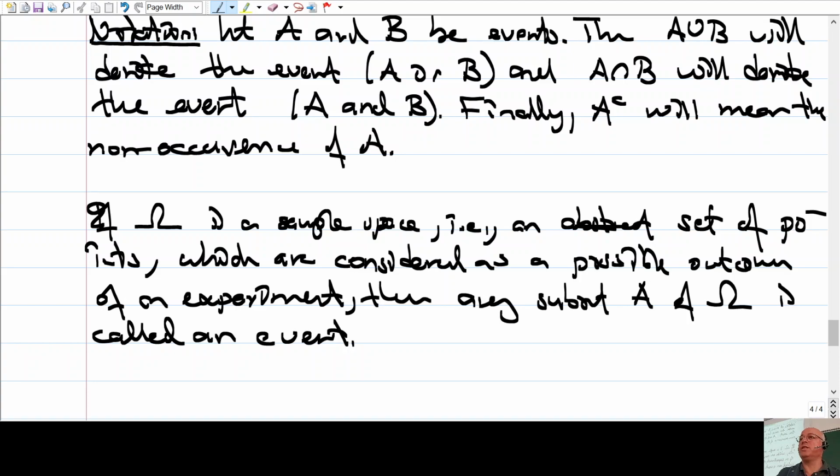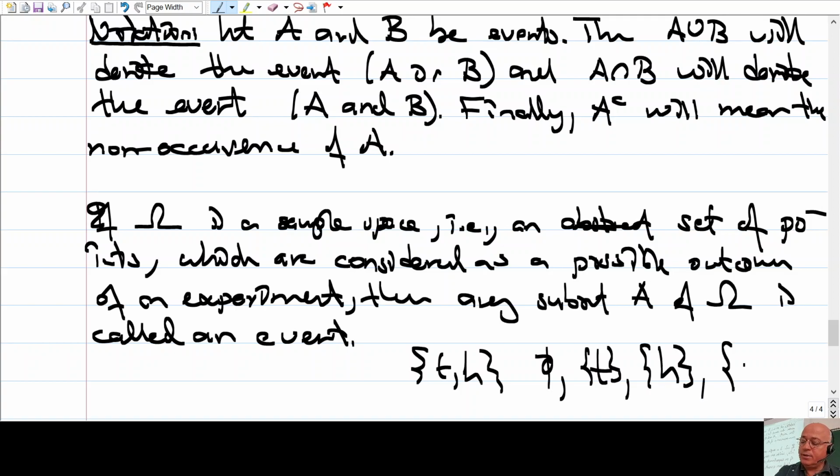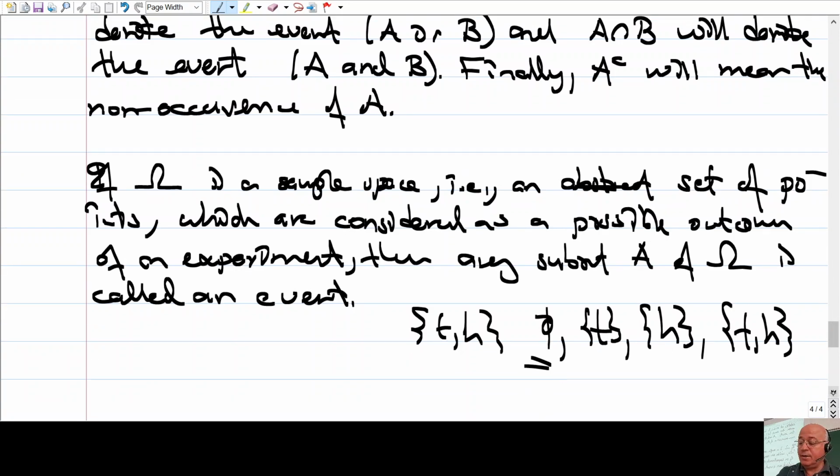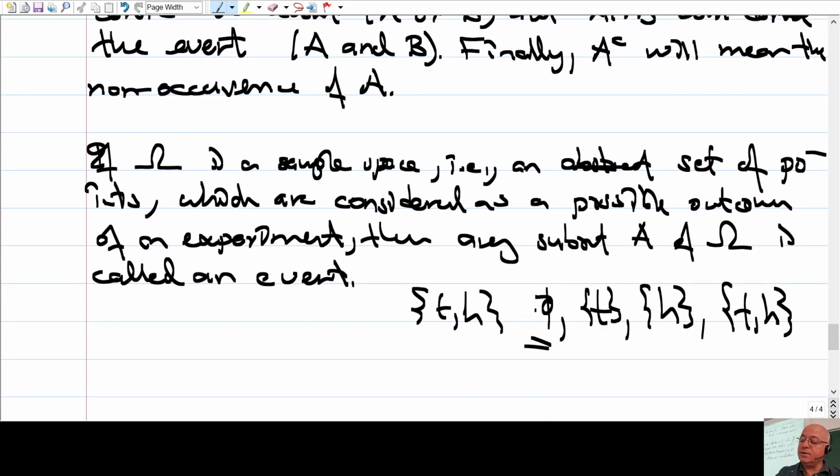In the case of tossing a coin, our sample space was T and H. So what are the events? Events are the empty set, another event is this one, and this one, and the whole set. What kind of experiment can have this as its set of events?